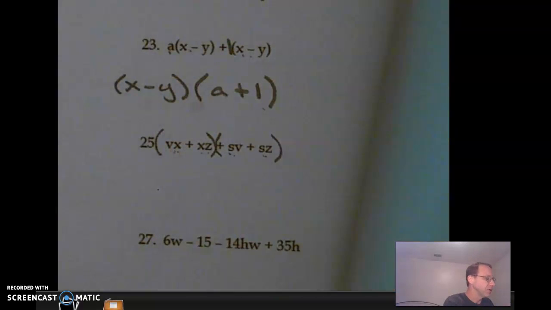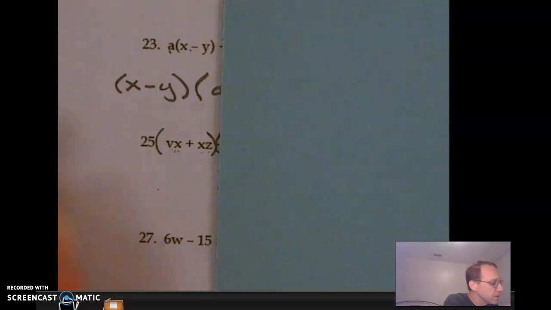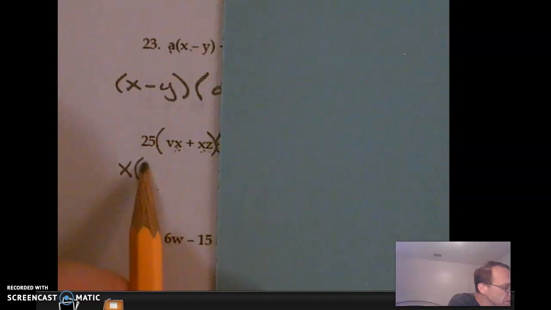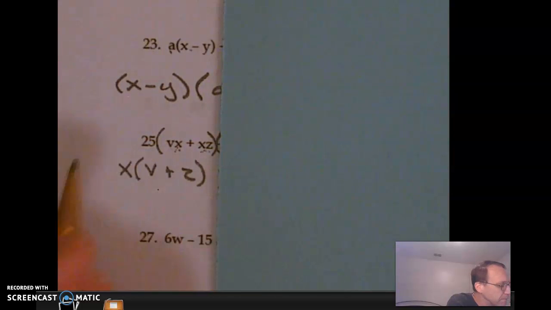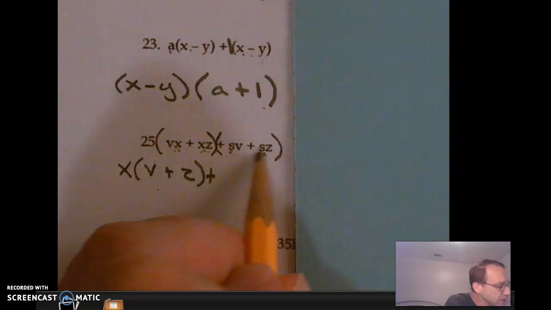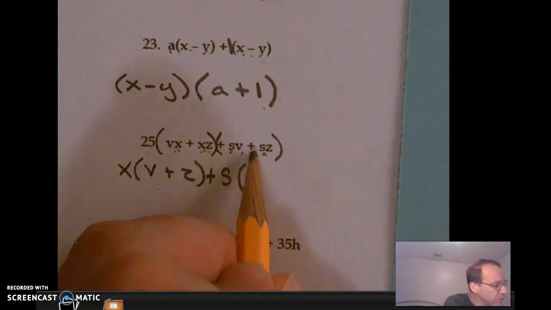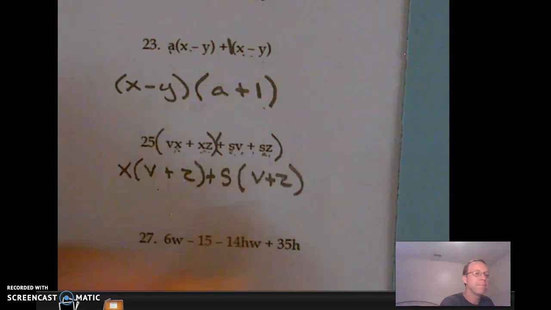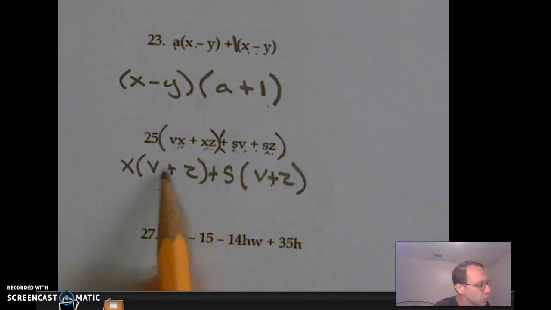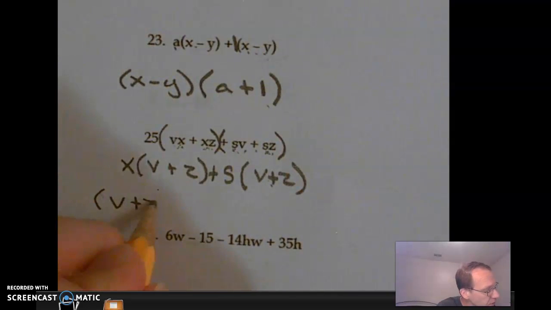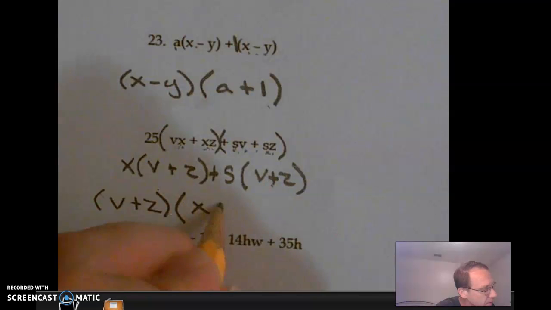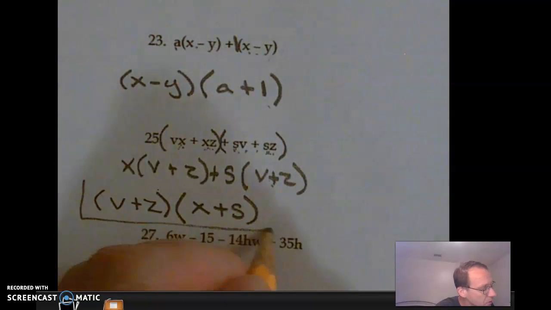So if I covered up this one, we would factor out an x, leaving us with v plus z. Then we would factor out an s, leaving us with a v plus z. Now we're back to what we just learned, where we factor out a common group. So the v plus the z gets factored out, leaving us with x plus s. And those are our factors.